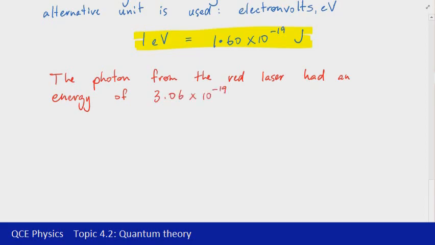If we want to convert that to electron volts, we'd need to divide by that conversion factor. So divide by 1.60 × 10^-19, and that gives us a value of 1.91 electron volts. In the next video we'll start to apply the understanding of photons to the photoelectric effect, and that's the experiment for which Einstein won his Nobel Prize in 1905.